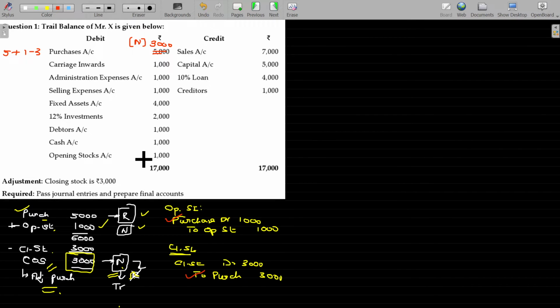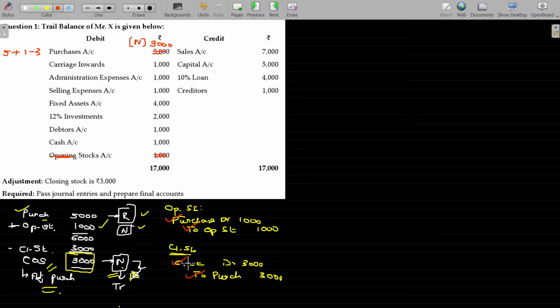Then opening stock 1000 we have, and opening stock debit side 1000, here credit side 1000. If you do adding of these two, what will be the answer in opening stock? 1000 rupees debit and 1000 rupees credit. If you add, what happens? Opening stock will disappear. Right, opening stock will disappear. And then closing stock, a new debit balance comes. Where will it come?